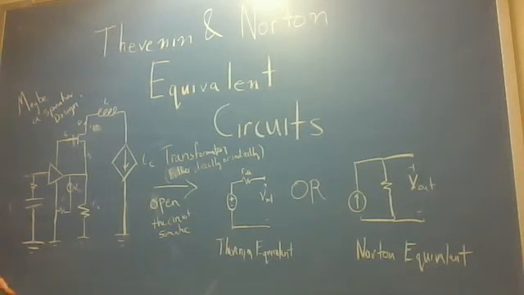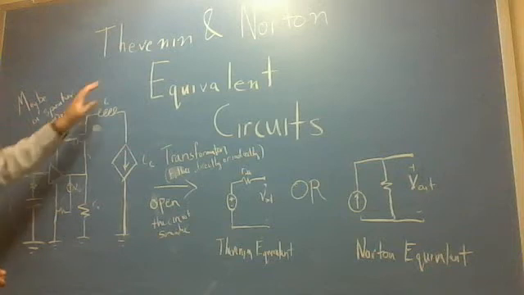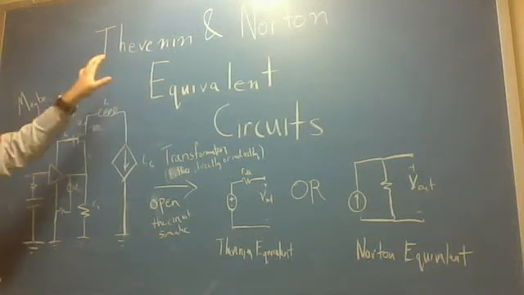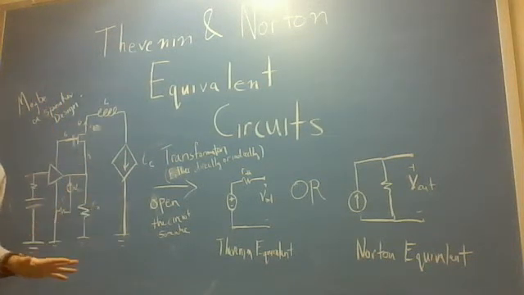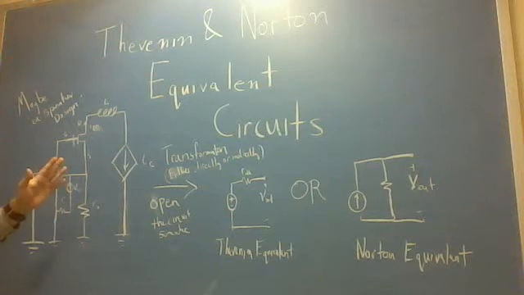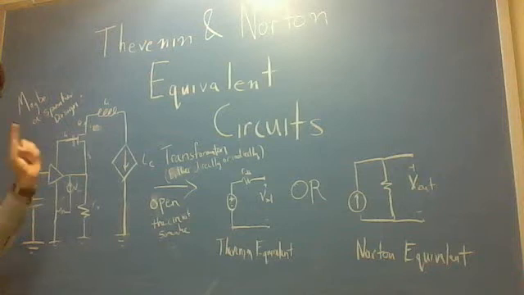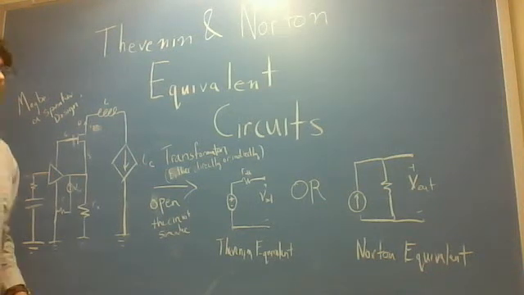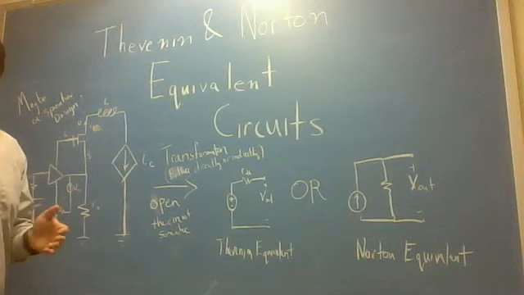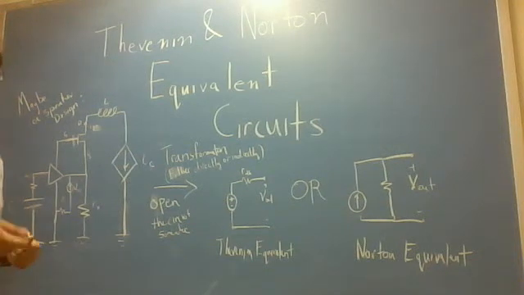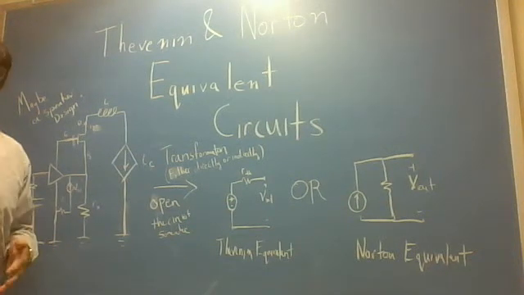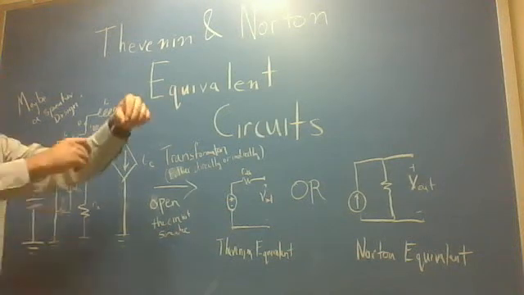Because in the real world, we don't want to solve for everything, right? So that's the reason why we use Thevenin and Norton equivalents, because you might have, say, 5 variables as far as current goes, and you only want one. Or let's say you have maybe 3 different voltages, and you're only concerned about one voltage, which would be the voltage out between 2 points.